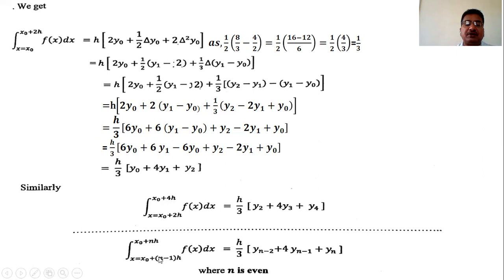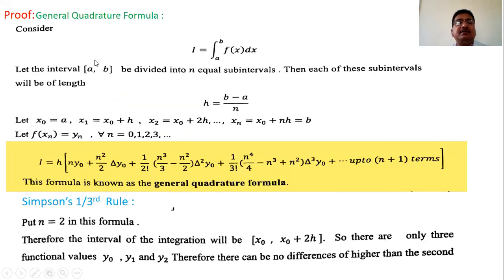The number of intervals into which we divide the interval AB must be even. Otherwise, if we divide the interval AB into 11 sub intervals, then what happens?